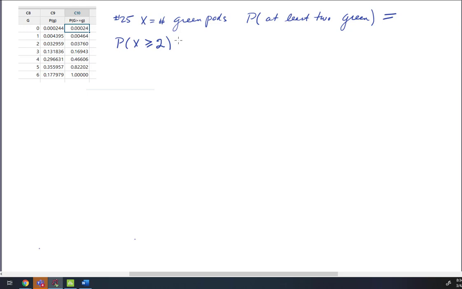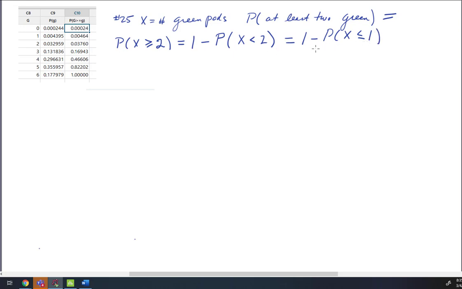But you know, that's a clumsy way to do it. If we use the law of complements here, we know this would be 1 minus the probability of the complement. Now if X is not greater than or equal to 2, X must be less than 2. And X is discrete, so X less than 2 means the probability X is less than or equal to 1.